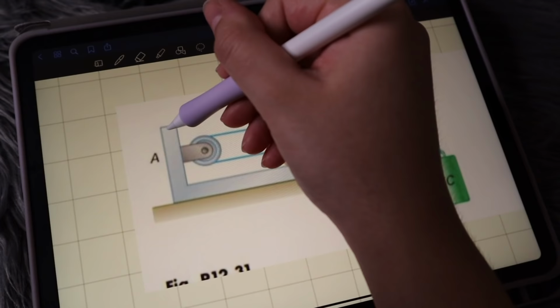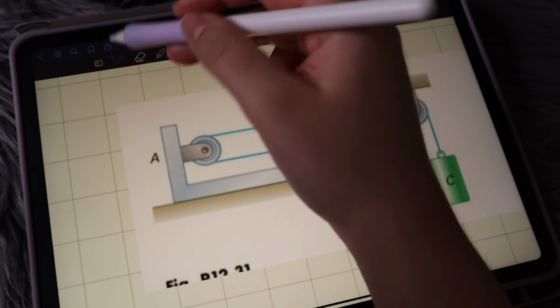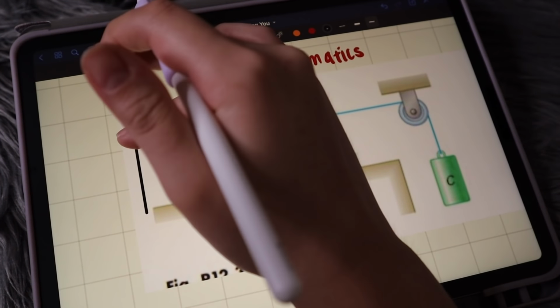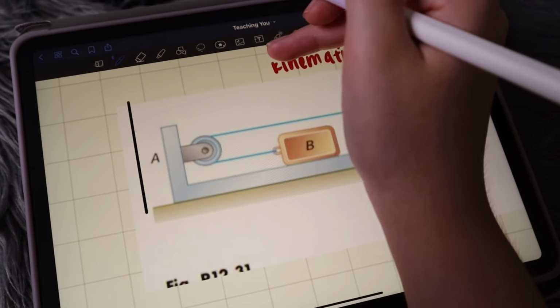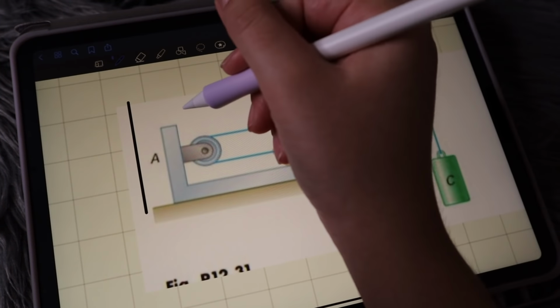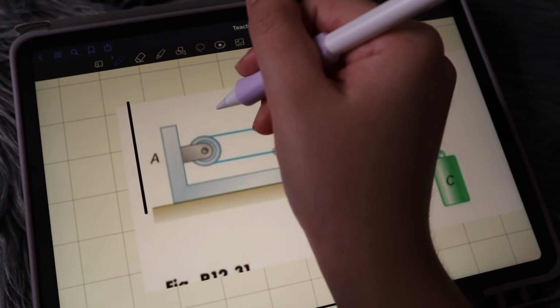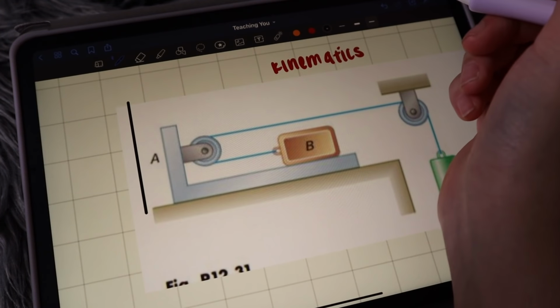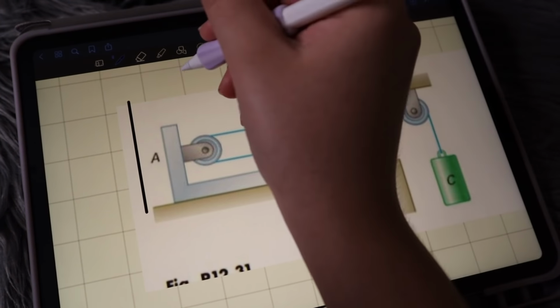So since we know that A is moving, B is moving, let's make our datum over here at the end. So this is going to be our datum, like our starting point, I guess. And then we're going to start labeling pieces of the cable. Okay.